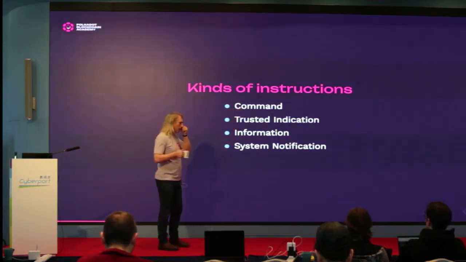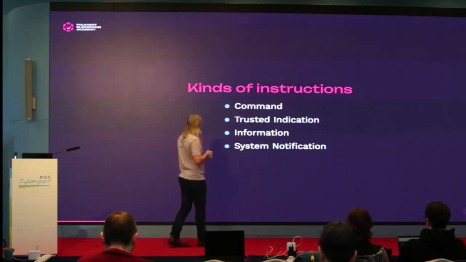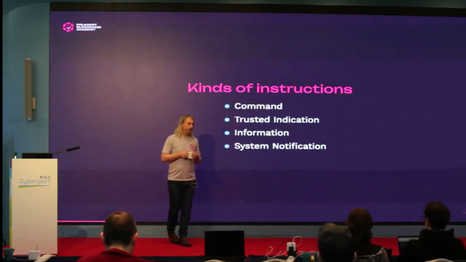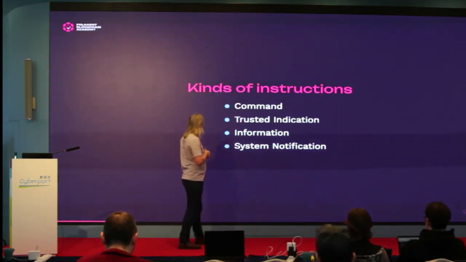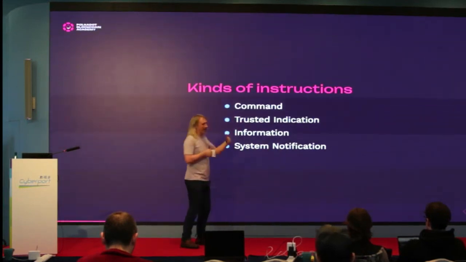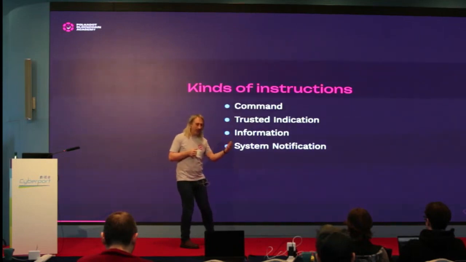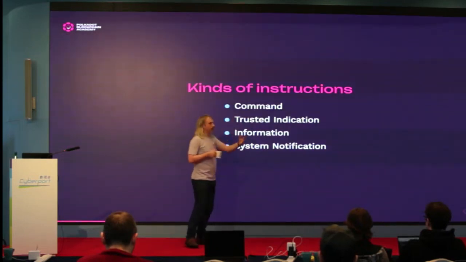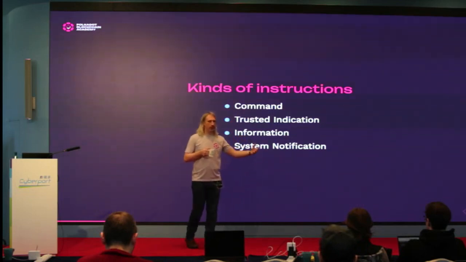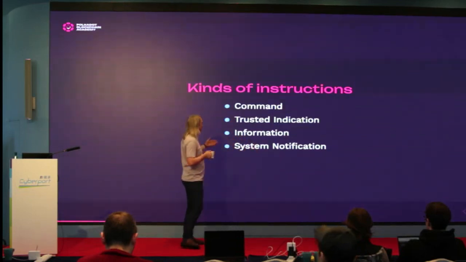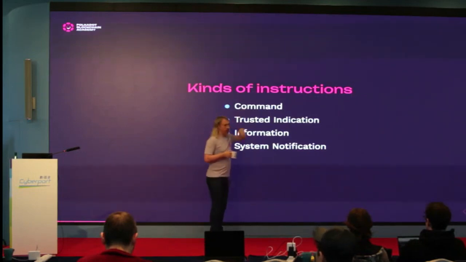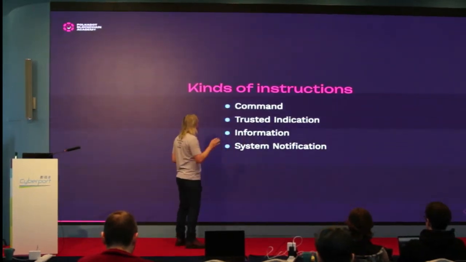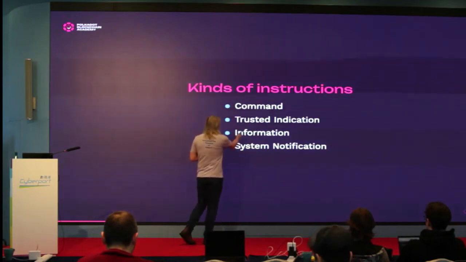It might be an instruction that indicates something has happened, which is kind of still telling the machine to do something. It has an effect, presumably, but the idea is that it comes from some trusted location that is telling us something has happened, as opposed to a user instructing something to happen. A subtle difference.